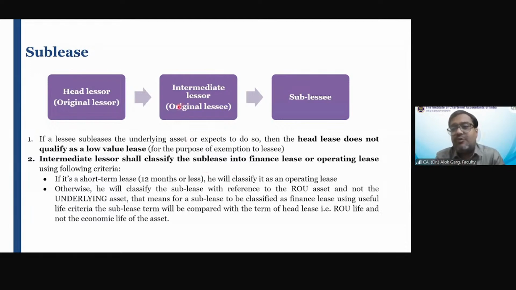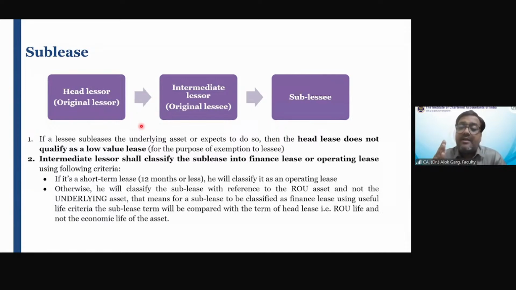I'm the head lessor, the main lessor. Who is the original lessee in this case? Who is the main lessee? Niranjan. So the head lessor is Alok, and the head lessee is Niranjan.